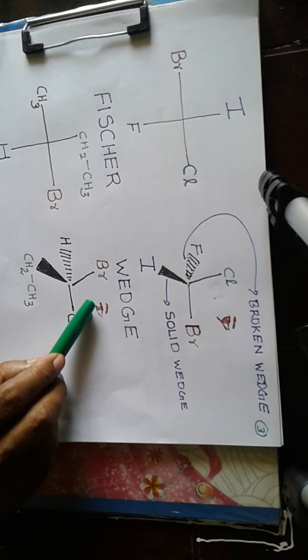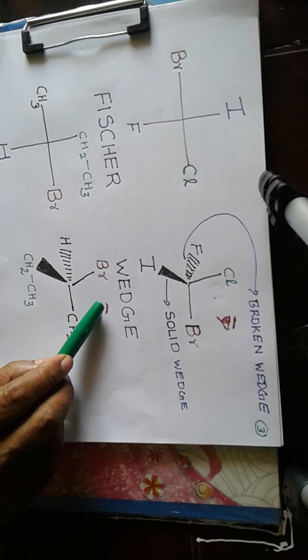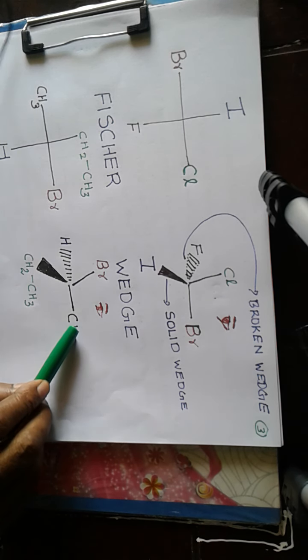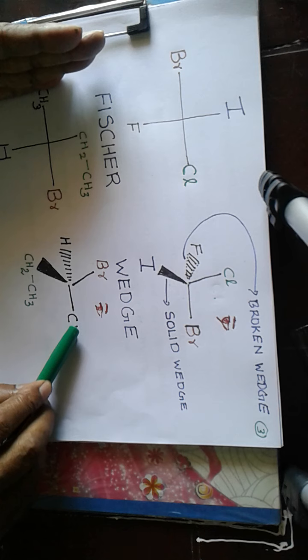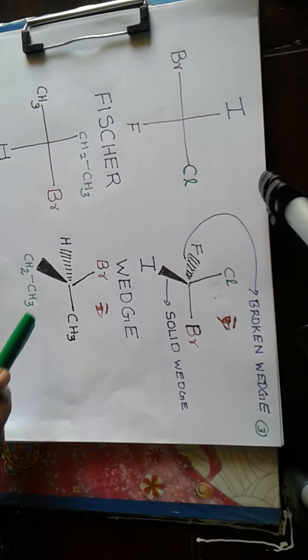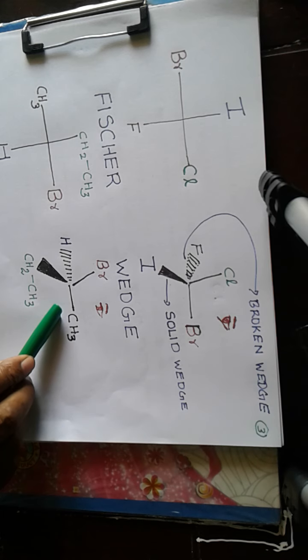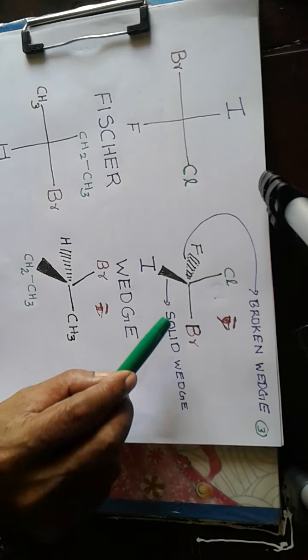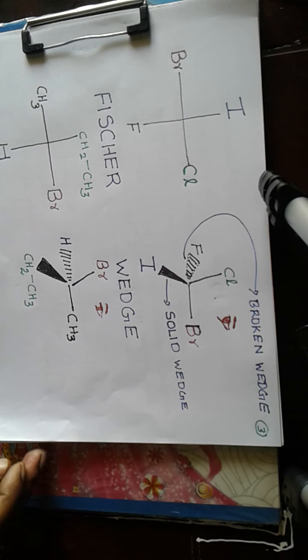Now an observer standing here will find that this methyl group is on the left hand side and this bromine is on his right hand side. So this is the wedge model for this Fisher model. So we can convert a Fisher model into a wedge model.